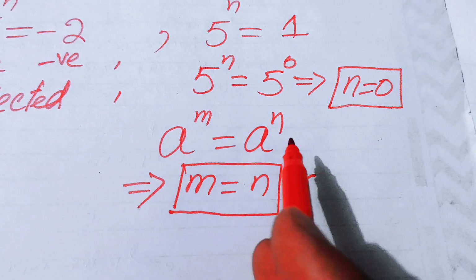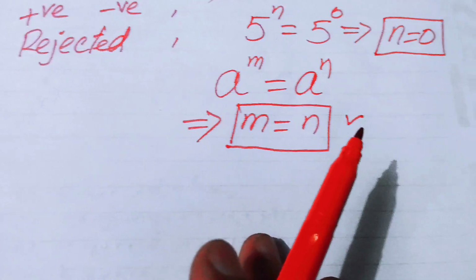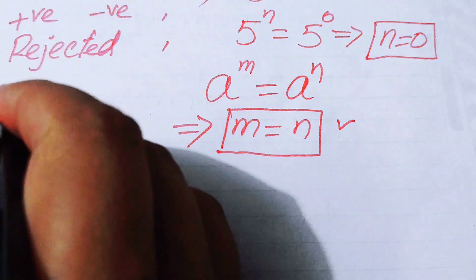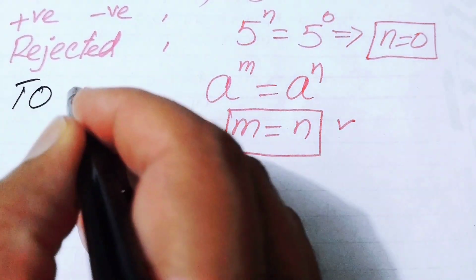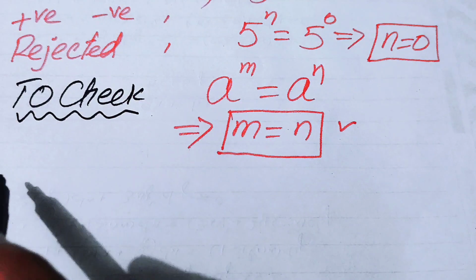So n is equal to 0 is the only solution of the given problem. Now we check whether this value of n satisfies the given question or not.